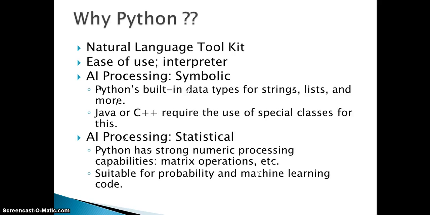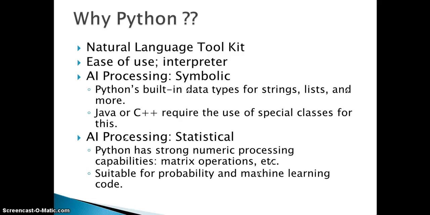And what is Python basically? You can easily adapt to Python, and it has an interpreter. It has built-in types like strings, lists, tuples, and maps. It's almost similar to Perl or CPP.